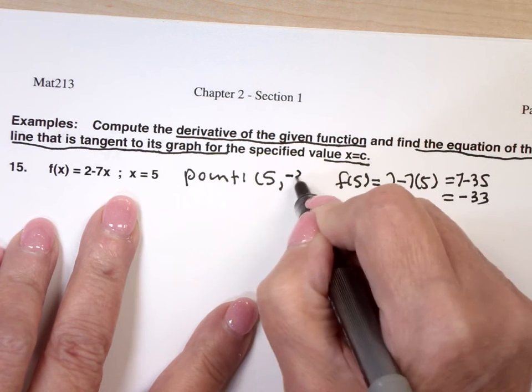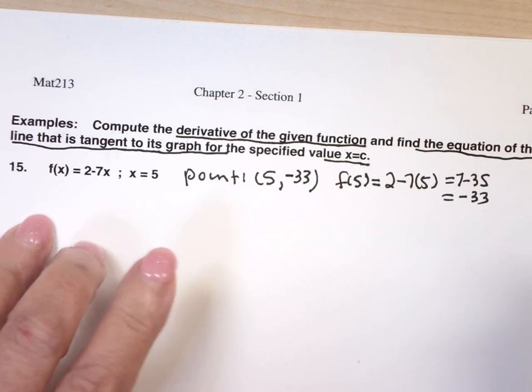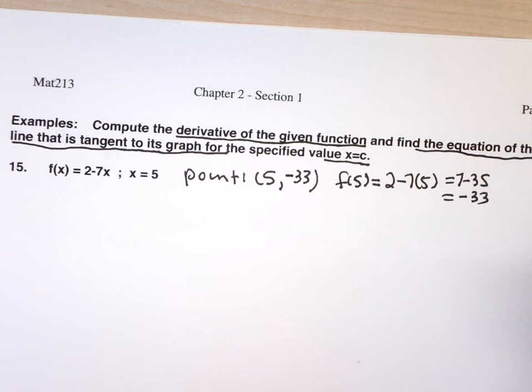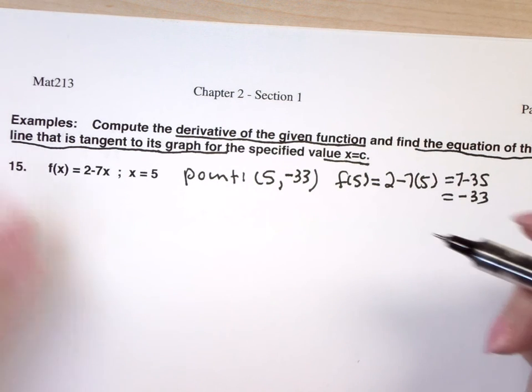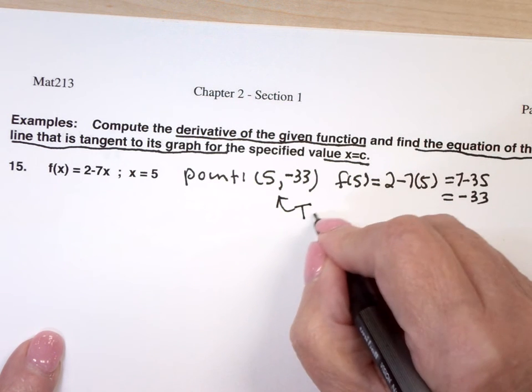So in the end, I'm going to need that coordinate point, because whatever's going on is at x equals 5. So this is where the graph touches. So the tangent line touches here.